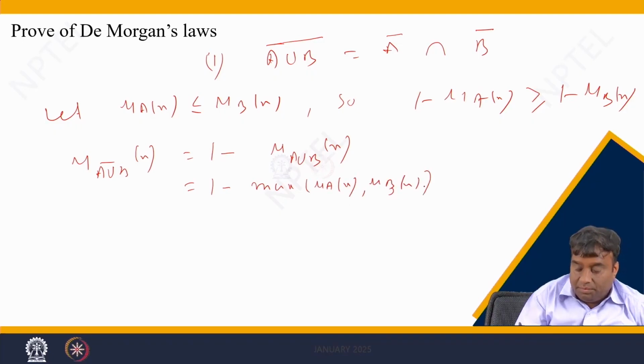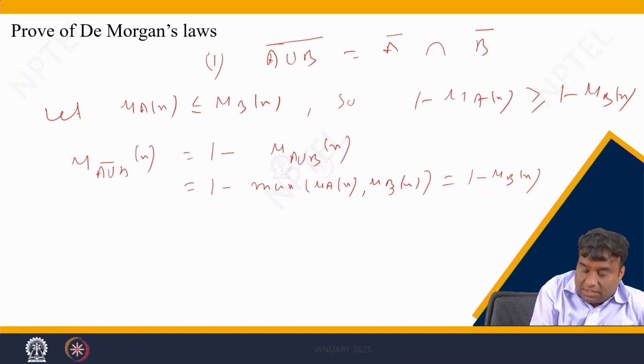As mu A(x) is less than mu B(x), the maximum is mu B(x), so you get 1 minus mu B(x).